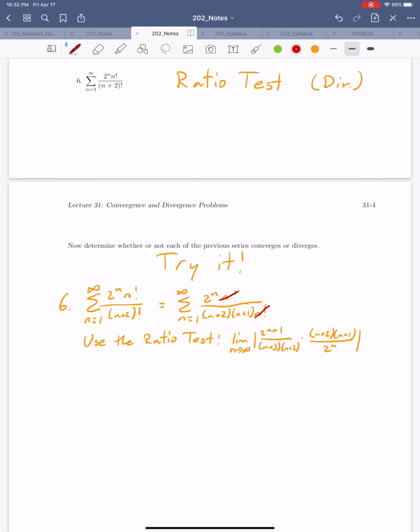This is going to be really quick because I want you to ensure that this is true, but the stuff cancels. And you wind up getting 2, which is greater than 1. So the series diverges.